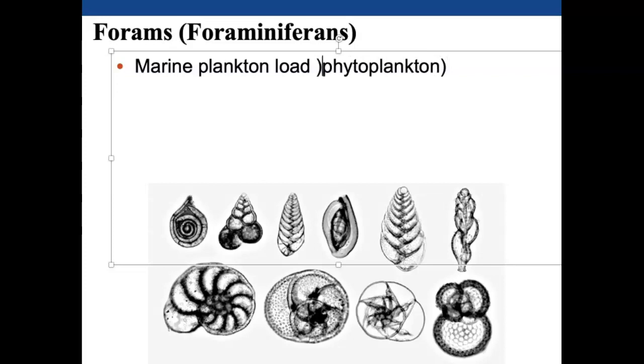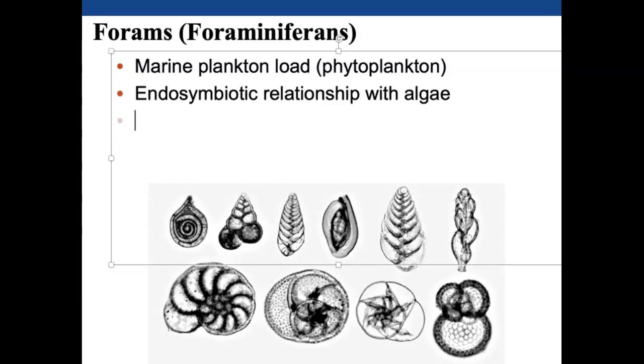And the reason they can go at the phytoplankton level is they have this endosymbiotic relationship with algae. So different algae will actually live inside of the forames and have a symbiotic or endosymbiotic relationship.